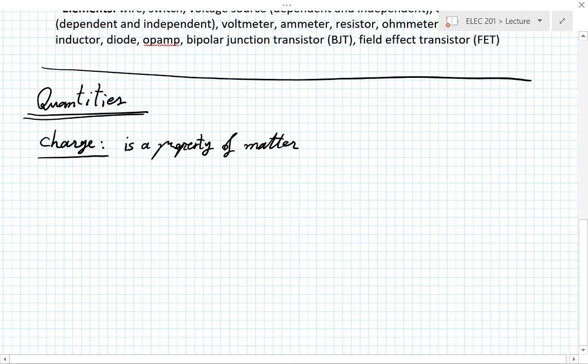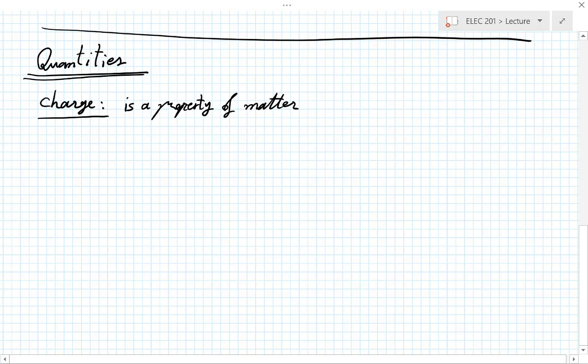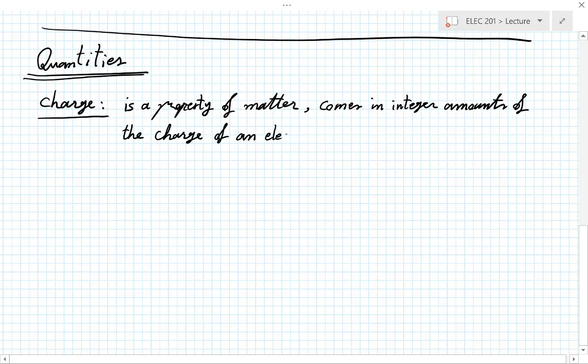So we are really concerned with the charge of an electron, so it comes in integer amounts of the charge of an electron, which has a magnitude or value of 1.6 times 10 to the minus 19 coulomb.